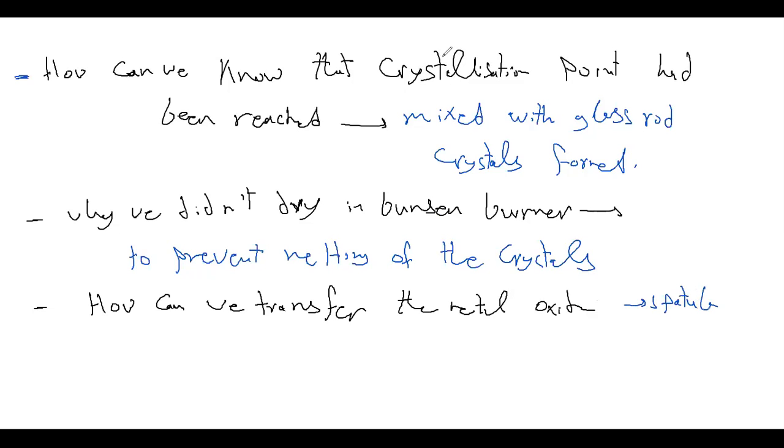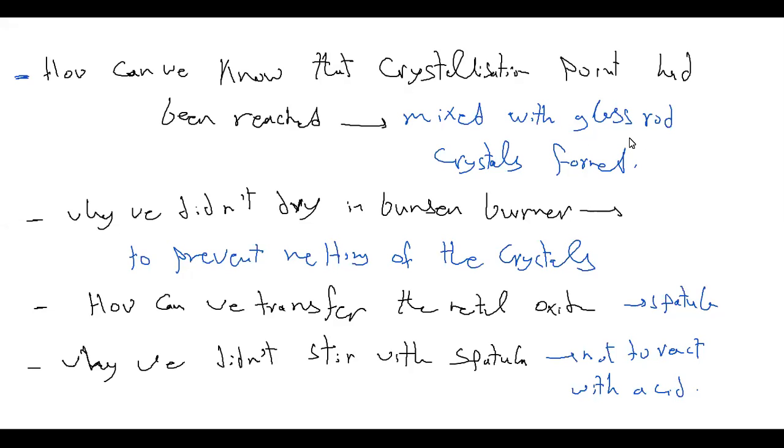Why didn't we stir with the spatula? We know that the crystallization point has been reached by mixing with a glass rod, crystals form. Why didn't we dry in a Bunsen burner? To prevent the melting of the crystals. How can we transfer the metal oxide? By using a spatula. Why didn't we stir with the spatula? Not to react with the acid.